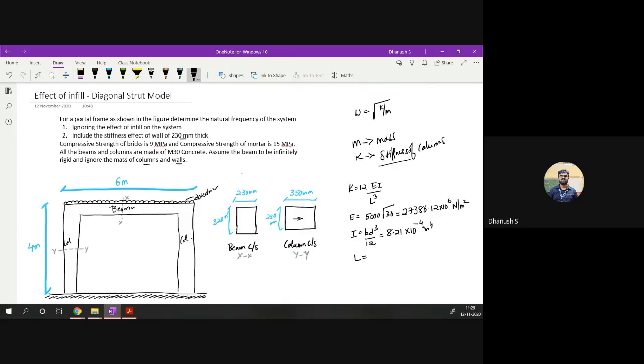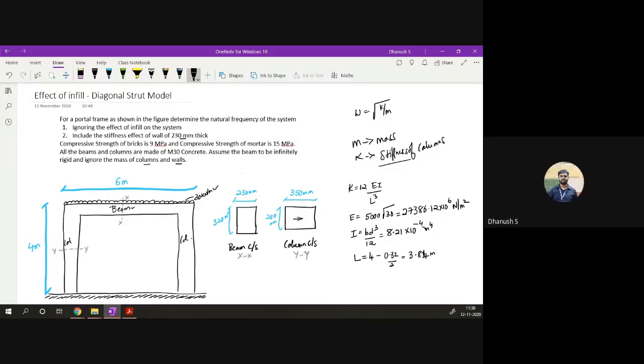How much is that? 0.32 by 2 is 0.16, so 3.84. Yes, sir.